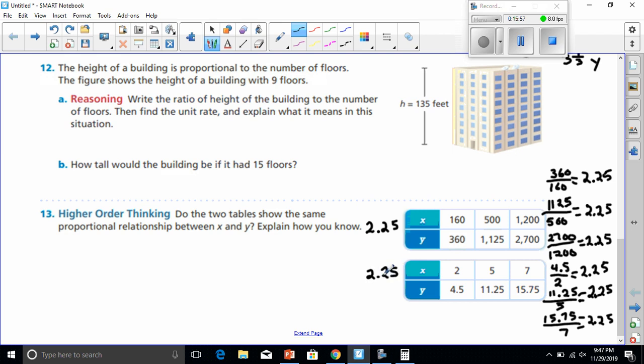Let's go back to the question. The question states, do the two tables show the same proportional relationship between x and y? Explain how you know. Well, that's easy. The answer is yes.